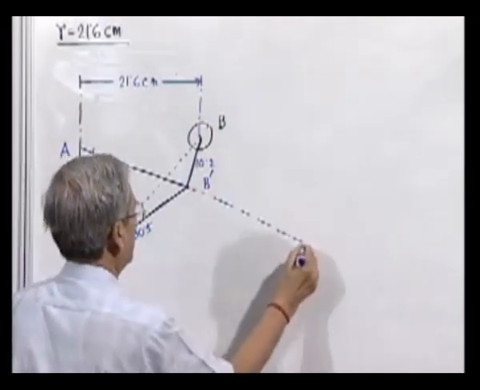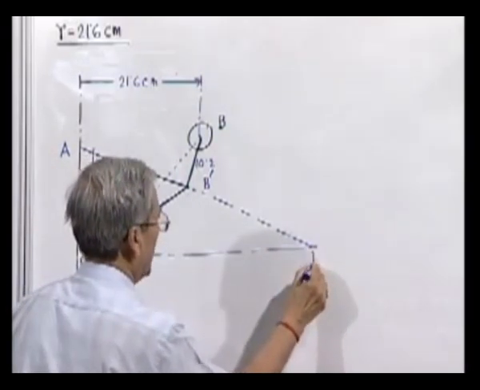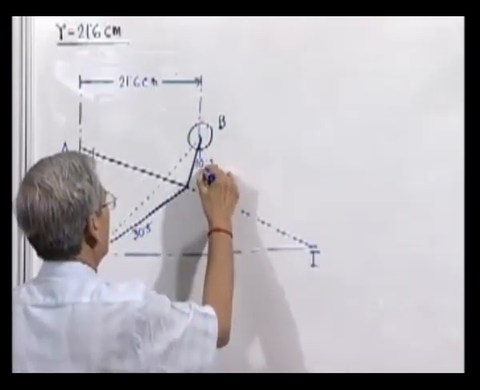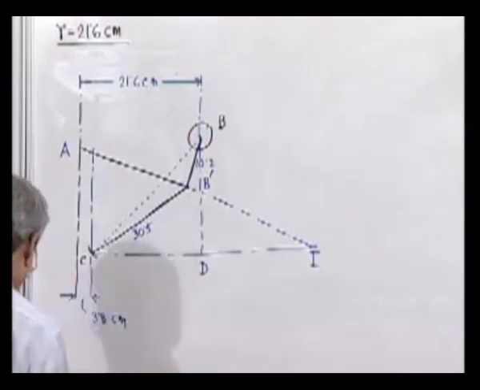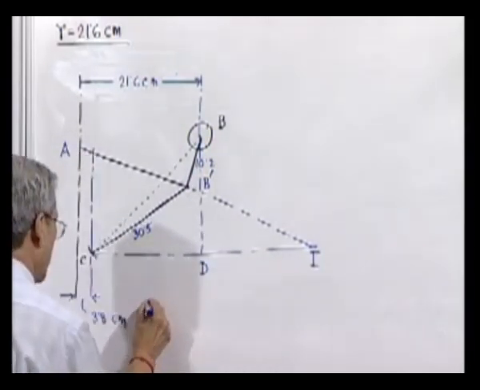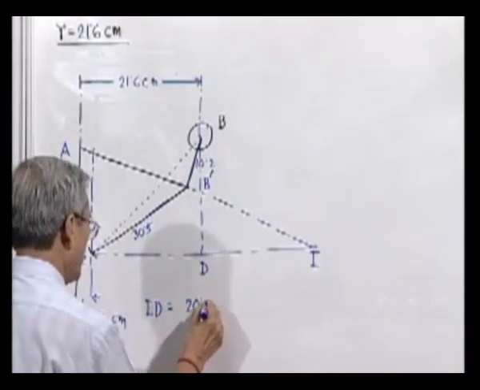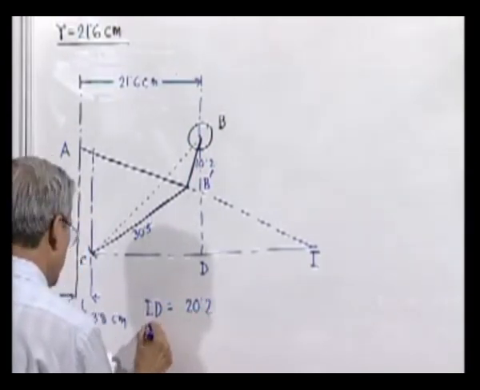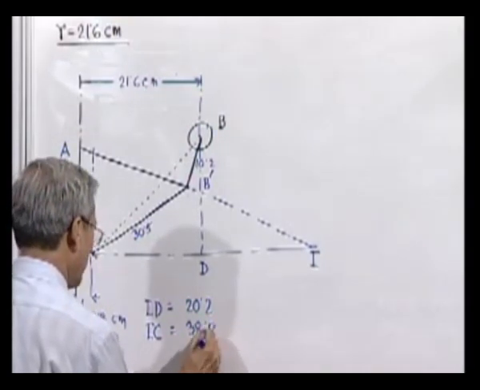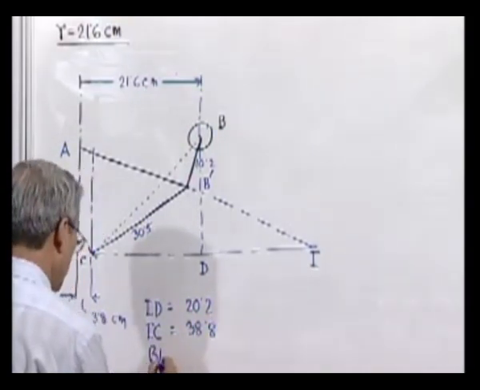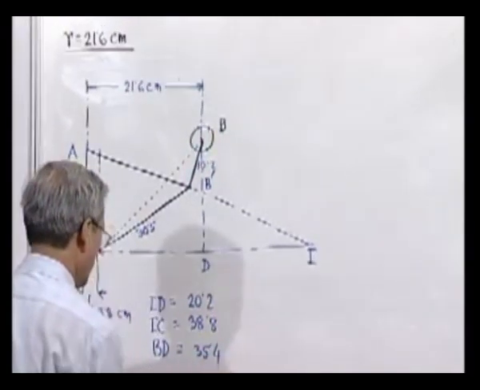And then the other dimensions can be found out. This will be I, this will be point D. We will find that ID is equal to 20.2, IC will be equal to 38.8, and BD will be equal to 35.4 centimeters.